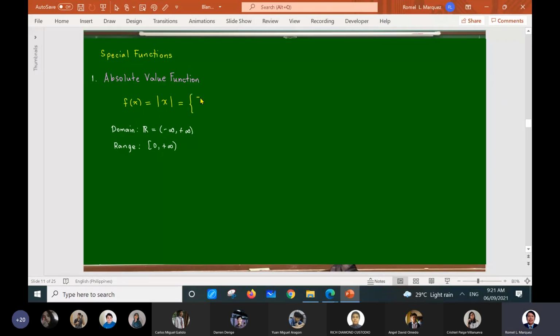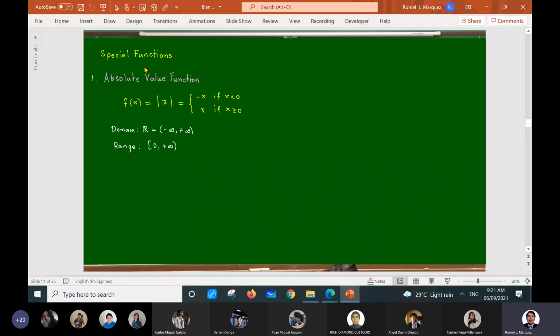It is negative x if x is less than 0. It is x if x is greater than or equal to 0. Equality can be in the less than or in the greater than. It doesn't matter, no? Because if you have x is 0, negative 0 is still 0. Okay? So that's how we define absolute value.